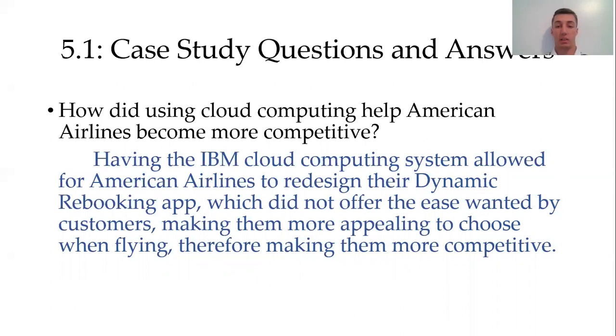Like I said in the last slide, they were able to use the IBM Cloud to redesign their dynamic booking app, which allowed customers to go back, and if they had to cancel their flight for whatever reason, or if there was a delay, then they would be able to change it straight from the app, whereas they weren't able to do this because of the lacking technology from their previous system with silos.